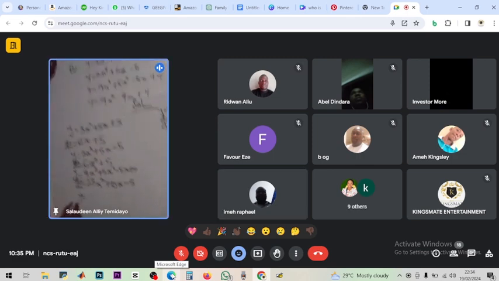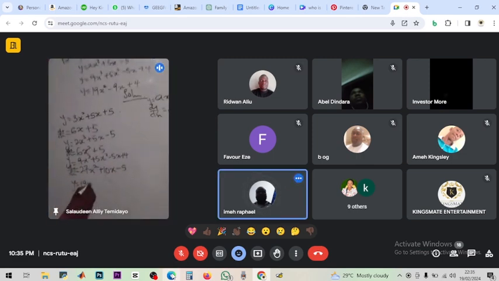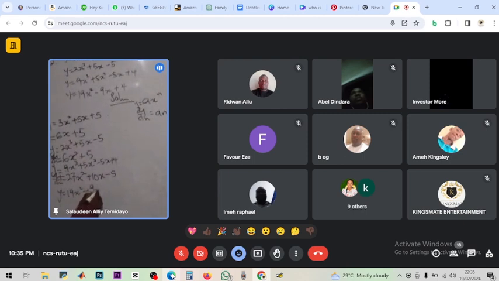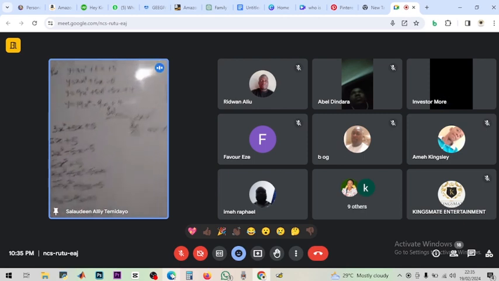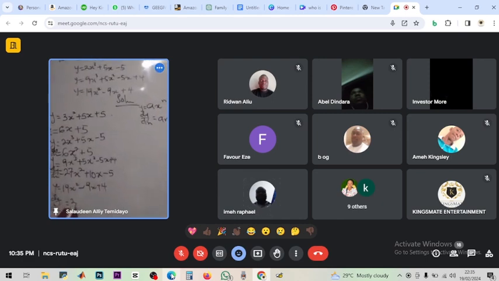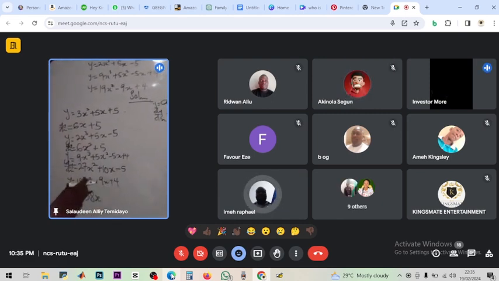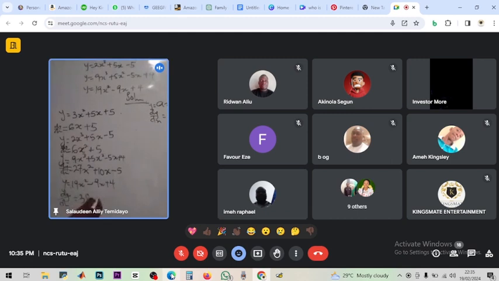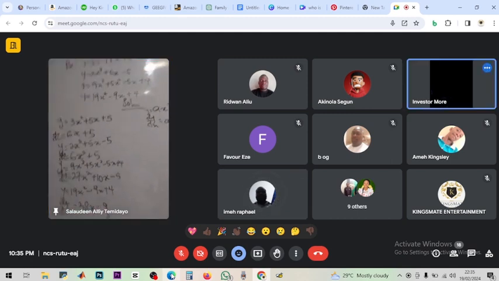Now y equals 19x squared minus 9x plus 4, so dy/dx equals 2 times 19, 38x, minus 9.